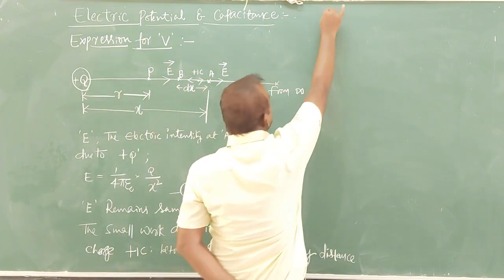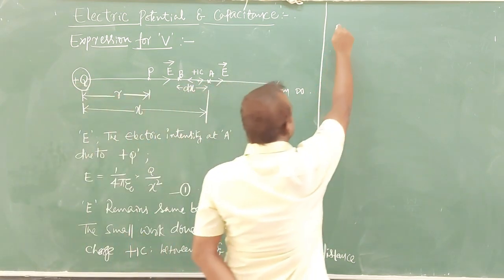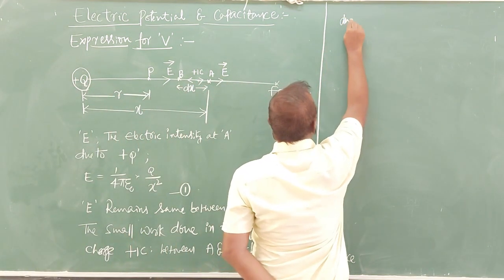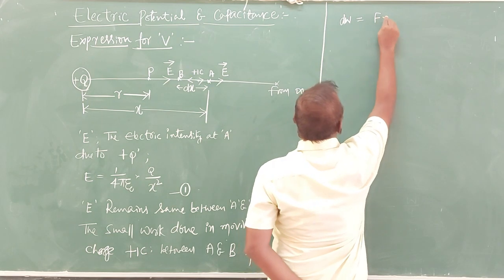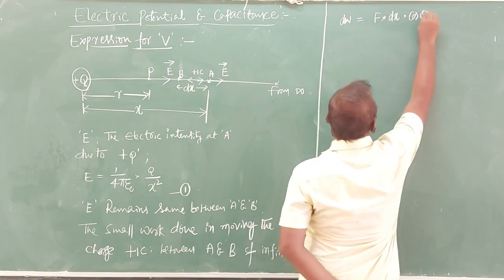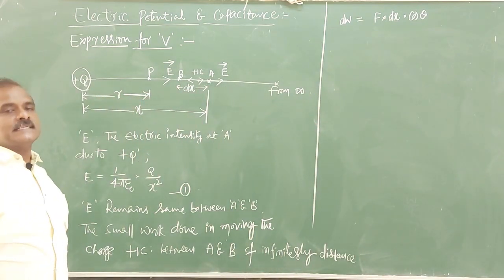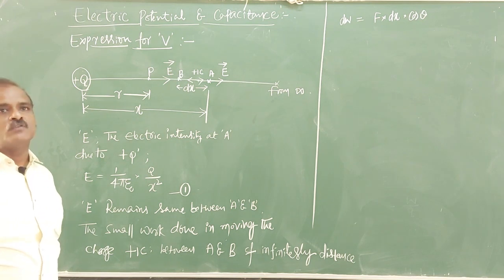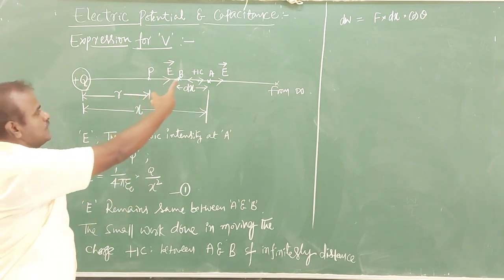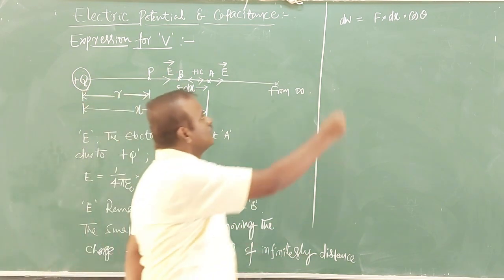Here we continue the discussion. That is, dW is equal to F into dx into cos theta. Definition: work done, force into displacement, and theta, cosine of the angle between force and displacement. You remember, charge is going in this direction, force is in opposite direction.